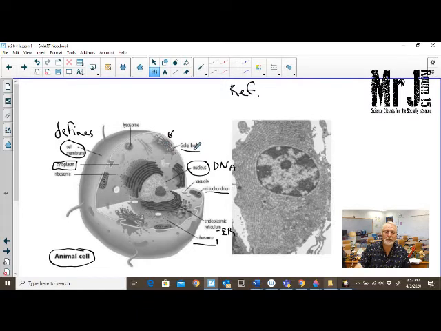And the Golgi body, well, the endoplasmic reticulum was responsible for taking proteins and moving them inside the cell. The Golgi body is responsible for taking proteins, packaging them up in small packages called vesicles, and sending them out of the cell.